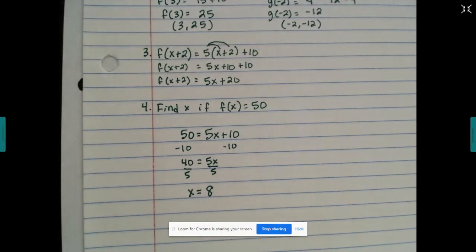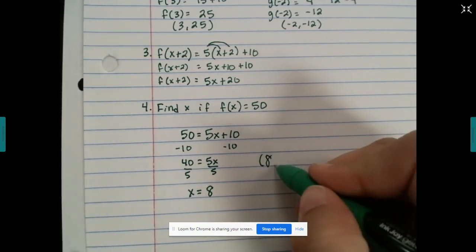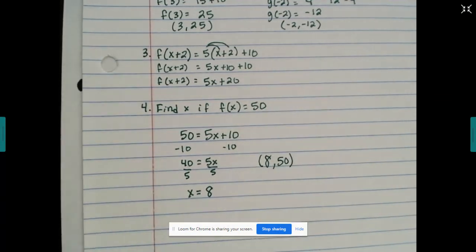You just want to check yourself. And so then this one, we found the x value. So our coordinate would be 8. And then our y value is that f of x, which is 50. So it would be the coordinate 8, 50. Questions?